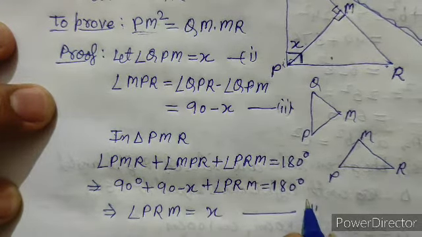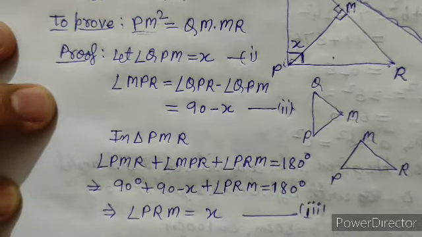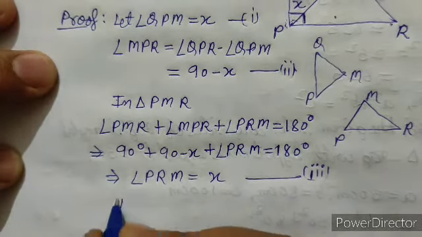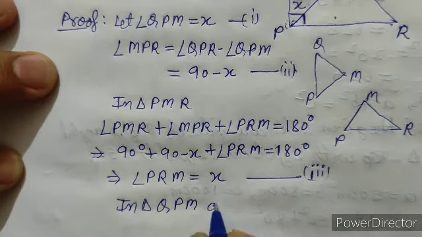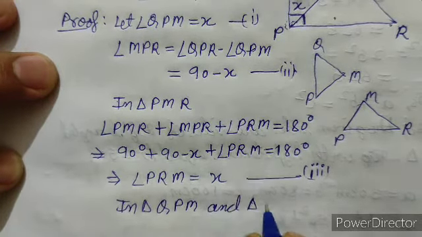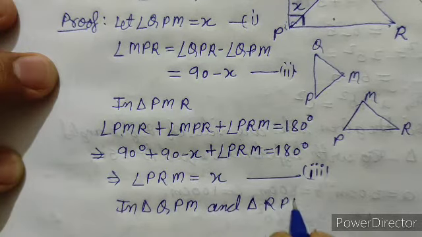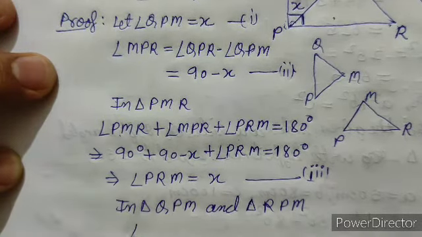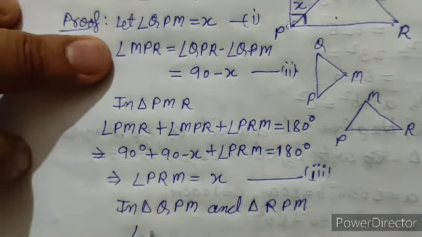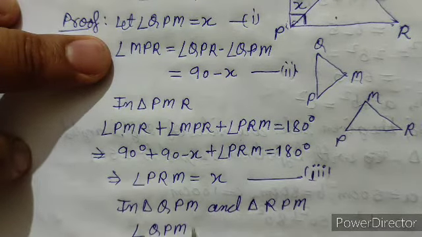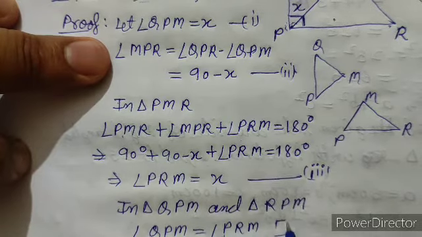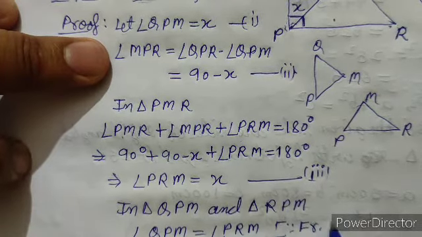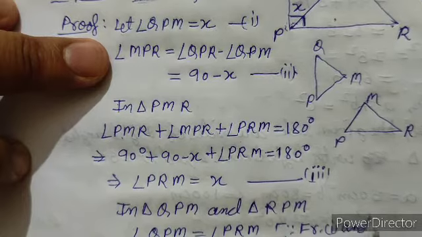This is equation third. Now in triangle QPM and triangle RPM, here angle QPM is equal to angle PRM from first and third.